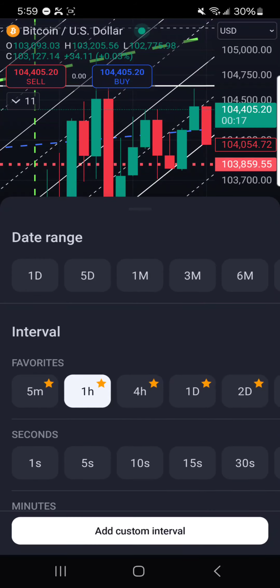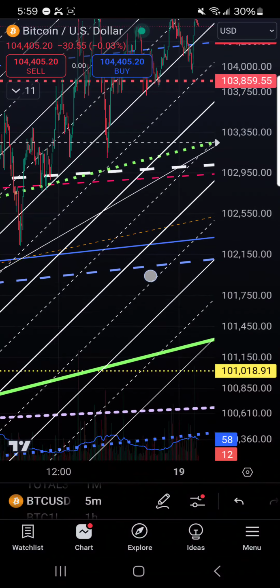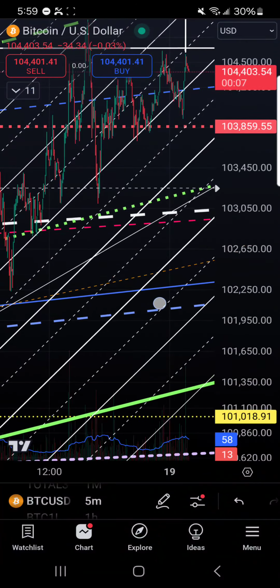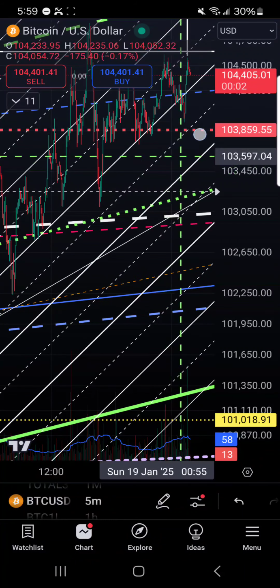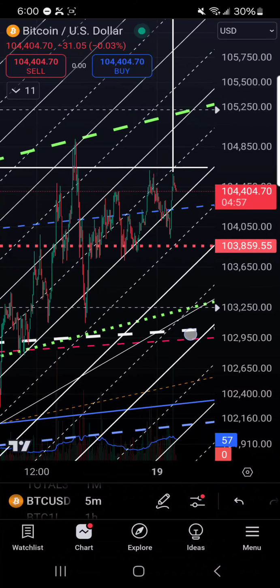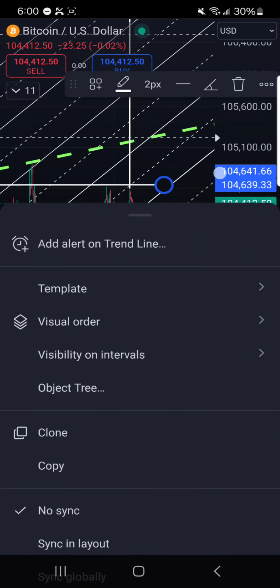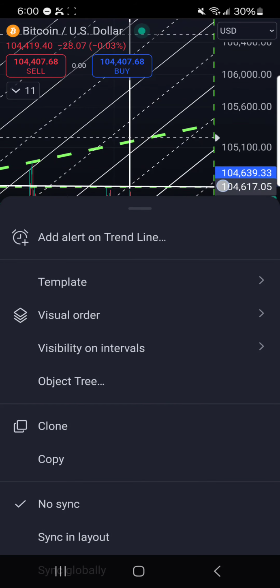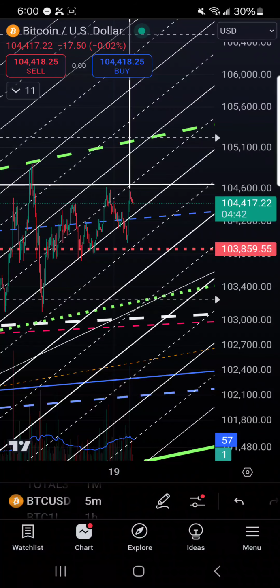If you look on a 5 minute, we'll switch to a 5 minute because it's clearer. You can see where we came down to on this point, and this point is all the same. It's the same slope as these channels, just a little bit above the center line there. So that would put this over there more.